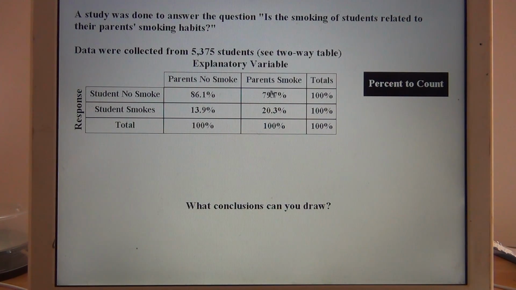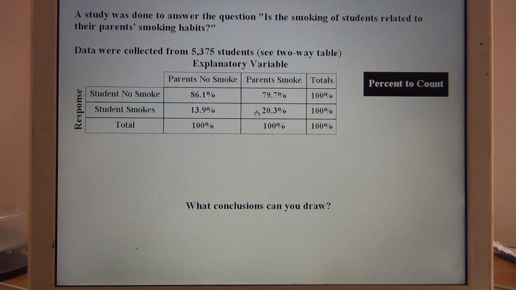Here I have 79.7% parents who smoked and students did not smoke. Here I have 13.9% parents did not smoke and students smoked. And here I have 20.3% parents who smoked and students who smoked.